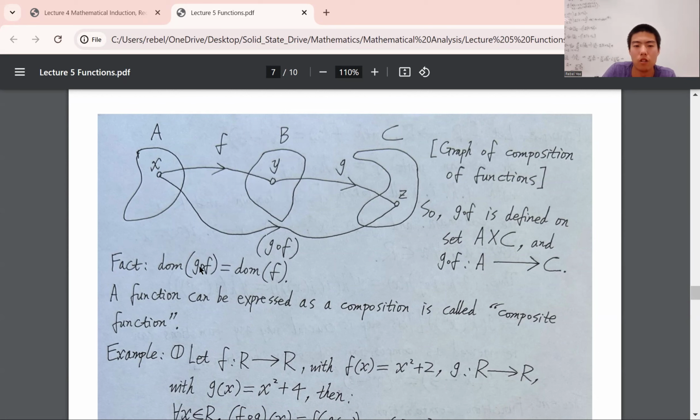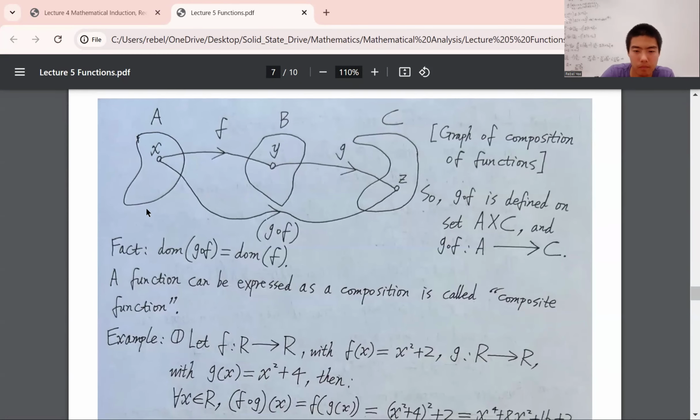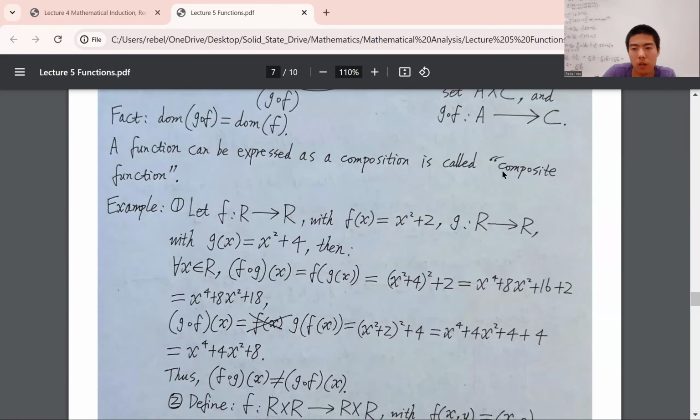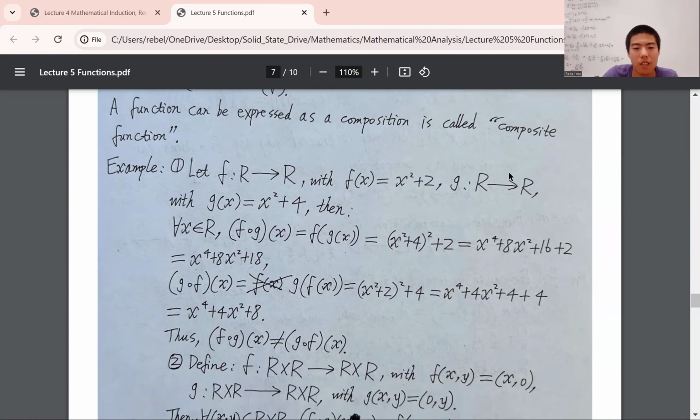So the domain of gf is just the domain of f, which is A here. Okay, and another fact is about which functions are composite functions, meaning all of the functions that can be expressed as a composition. I think actually every function is a composite function. So if I give you a function, you can say it's composite. I will explain this fact later, but this is a very fun fact.